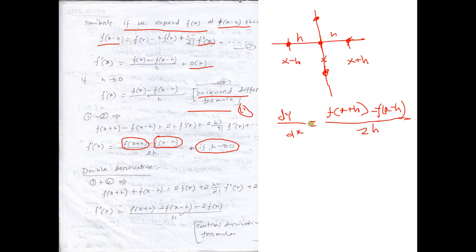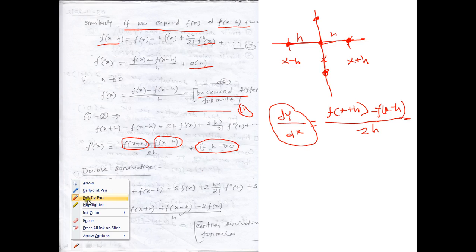We have replaced the derivative dy by dx by this approximation. The distance between these two points is 2a, because it is a and a. We have the function value at point x plus a and at x minus a, divided by 2a, so we can get the derivative.